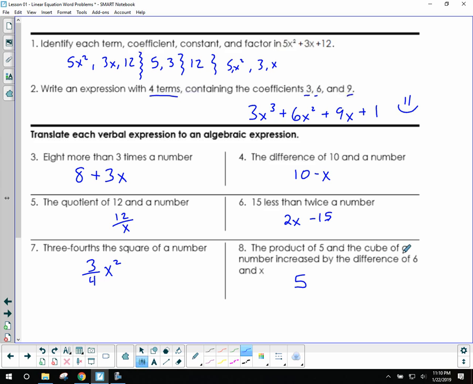We got x cubed here increased by the difference of 6 minus x. Shoo! So we got product, and we multiplied here. So product of 5 and the cube of a number increased by the difference of 6 and x. Guys, I think that's it.